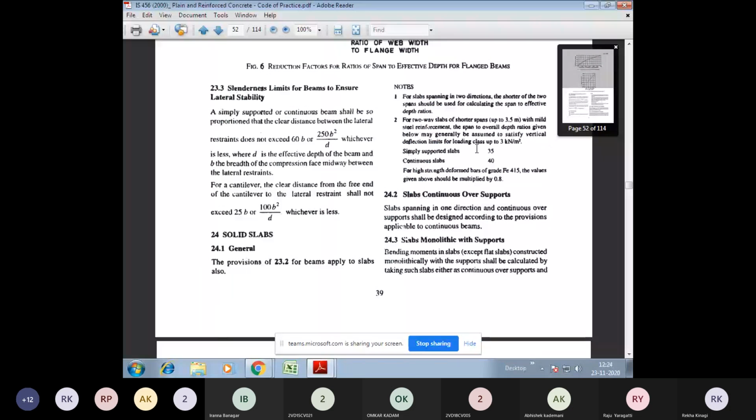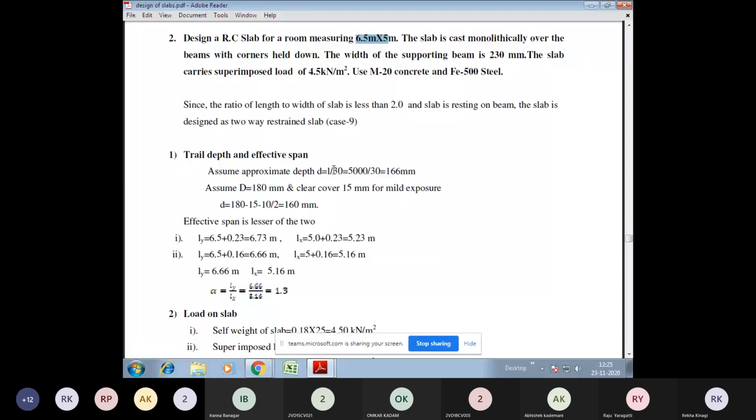For simply supported slabs it is 35 and for continuous slabs it is 40 if mild steel is being used. But if HYSD bars, that is high strength deformed bars, are used, then we need to multiply the values by 0.8. So approximately here we have considered the span to effective depth ratio as 30 and we have got the effective depth as 166 mm.